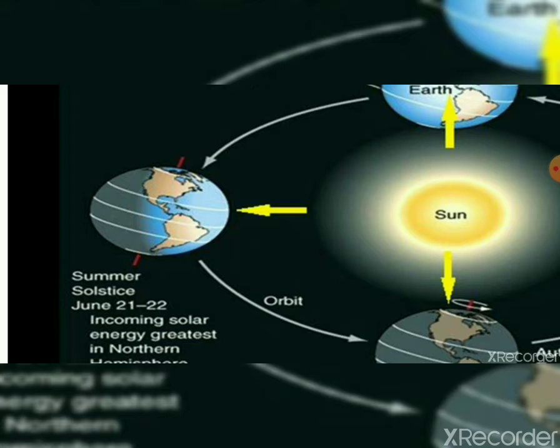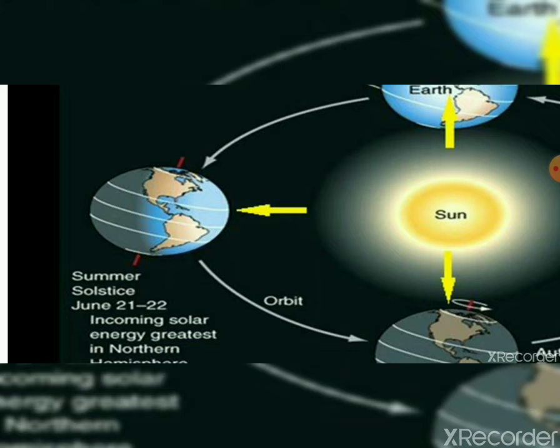We know all the important parallels. As a result, these areas receive more heat and the areas near the poles receive less heat, as the rays of the Sun are slanting over there. So, the North Pole is inclined towards the Sun, and the places beyond the Arctic Circle experience continuous daylight for about 6 months.